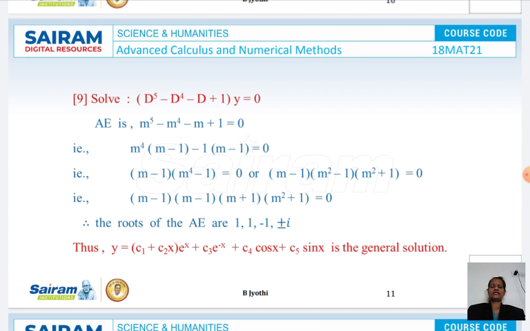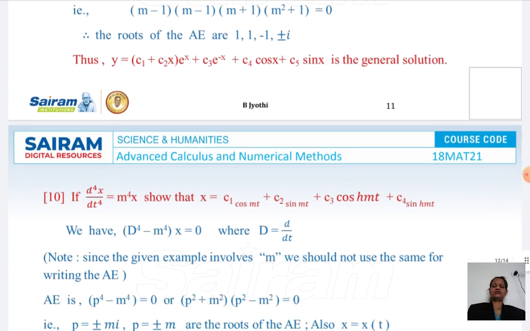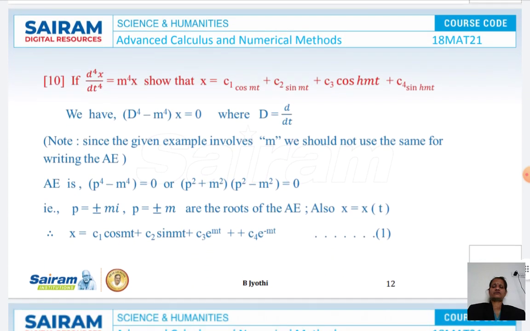Further splitting that, we get the roots as 1, 1, -1, plus or minus i. Thereby the solution is (c1 + c2x)e^x + c3 e^(-x) + c4 cos x + c5 sin x. That's the general solution.